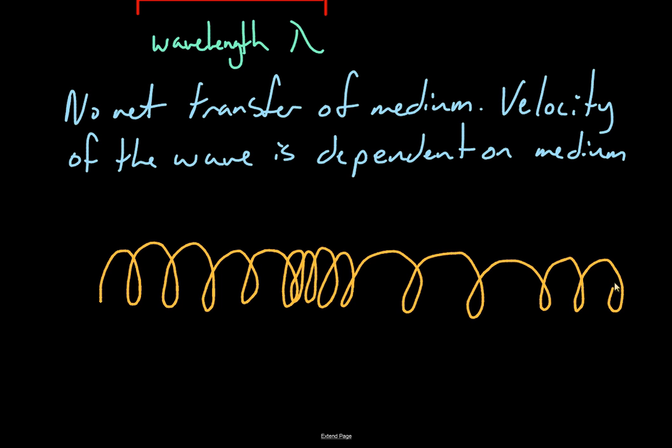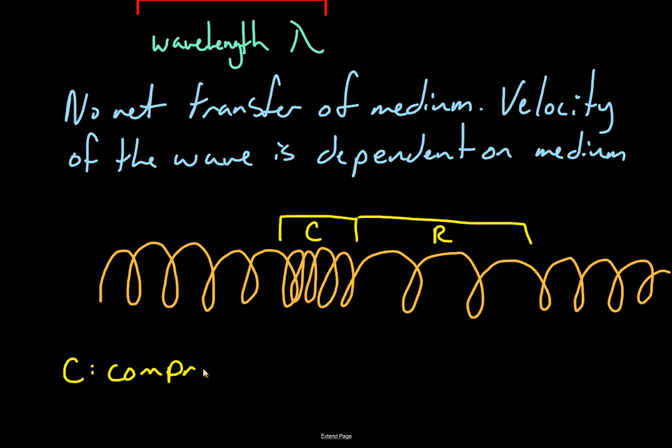Yes, I'll label what we're doing here. So we have this, and we have this. The C part is a compression. The R part is a rarefaction.